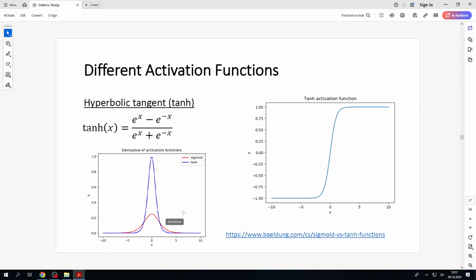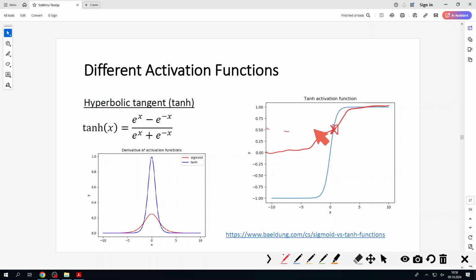The difference here between sigmoid and hyperbolic tangent is now that sigmoid was capping at 0, whereas hyperbolic tangent is now capping at -1, all the way up to +1. And sigmoid was going through the middle point of 0.5, while the tangent function is going directly through 0 at 0.